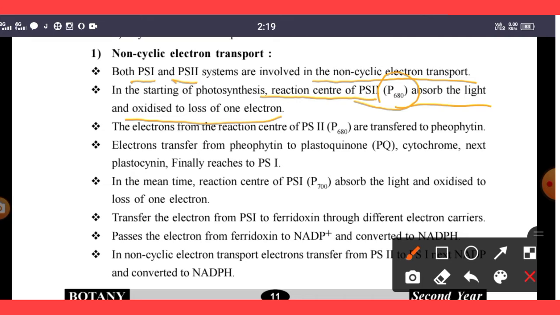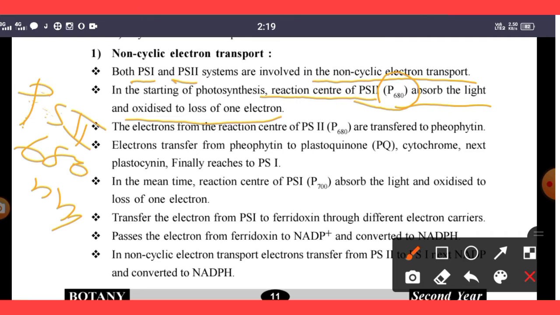So in this non-cyclic electron transport, first of all, the chlorophyll present in PS2 gets oxidized. P680 nanometers, here nm means nanometers.